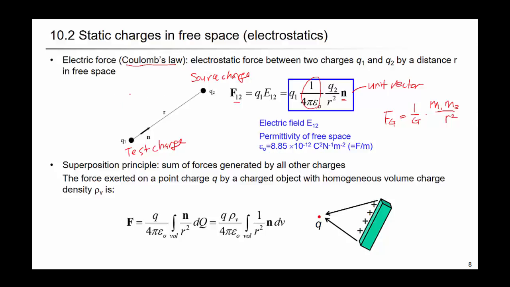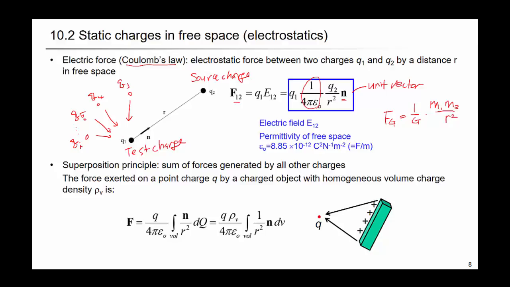And if you have multiple charges, like Q3, Q4, and Q5, to Qi, these result in some force on this test charge. If we want to find the total force exerted by all these charges, then we can just sum up each force, right?